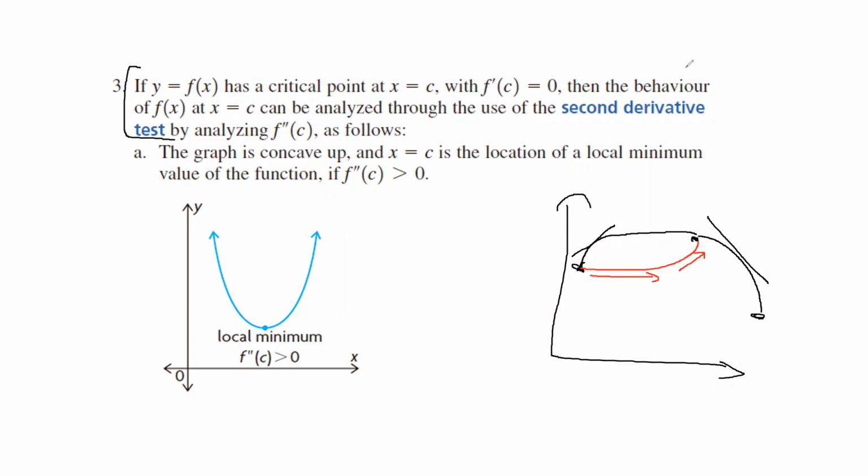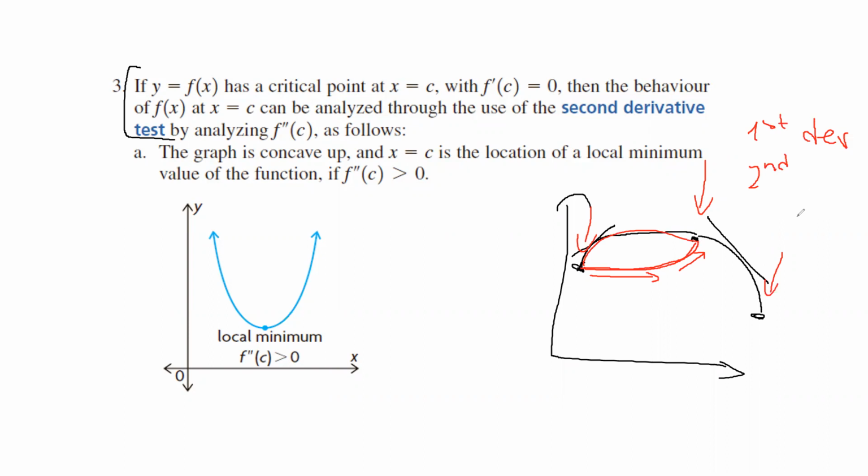I'm explaining how you connect the first derivative test and the second derivative test. Imagine that this point you found from the first derivative test, right? And whether it's going like this or like that, you found from the second, because of the sign of the second derivative.